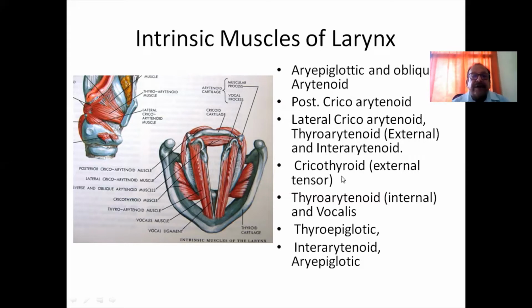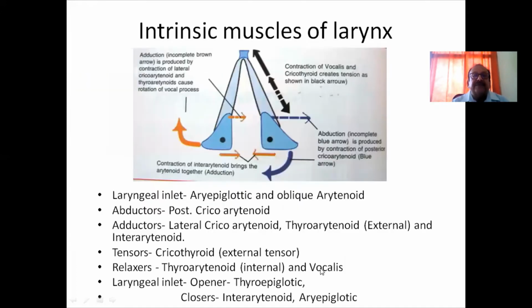Now, the cricothyroid is the external tensor of the vocal cord. Thyroarytenoids, these are the internal tensors of the vocal cords. Thyroepiglottic and interarytenoid, aryepiglottic, these are the other muscles.